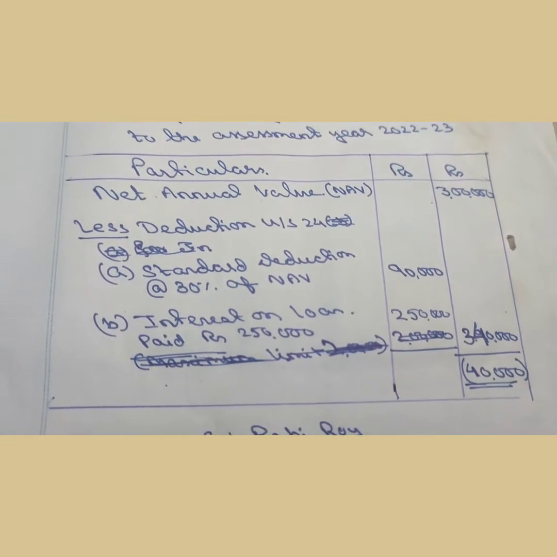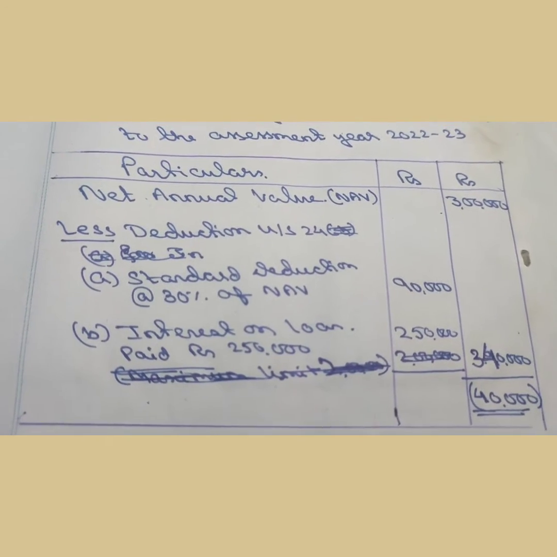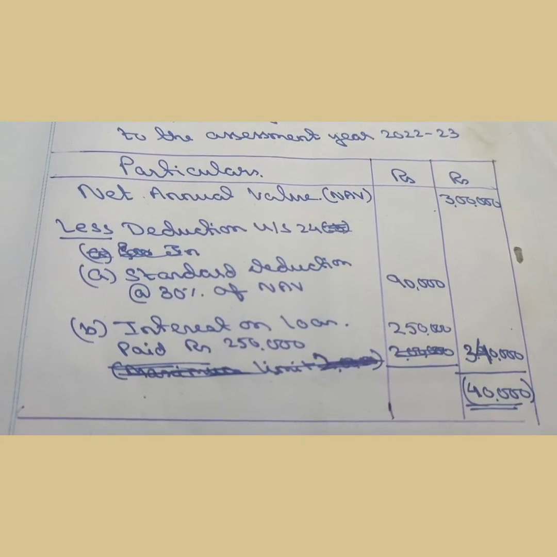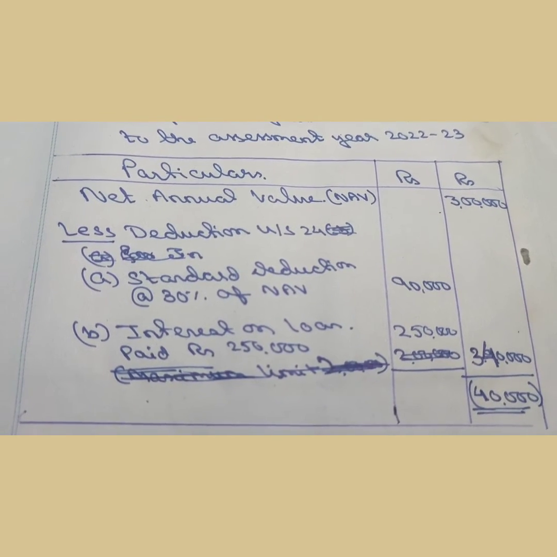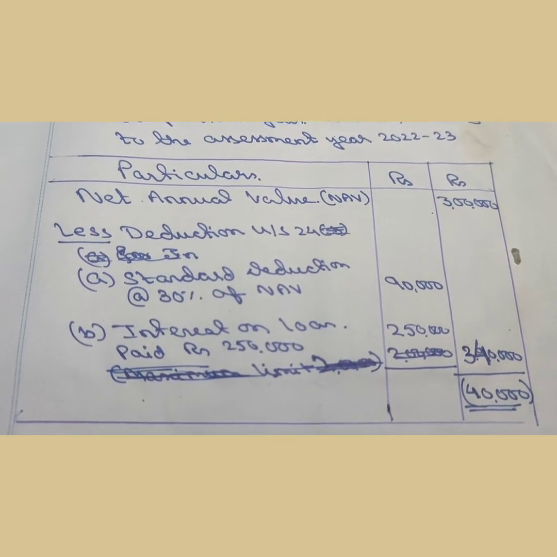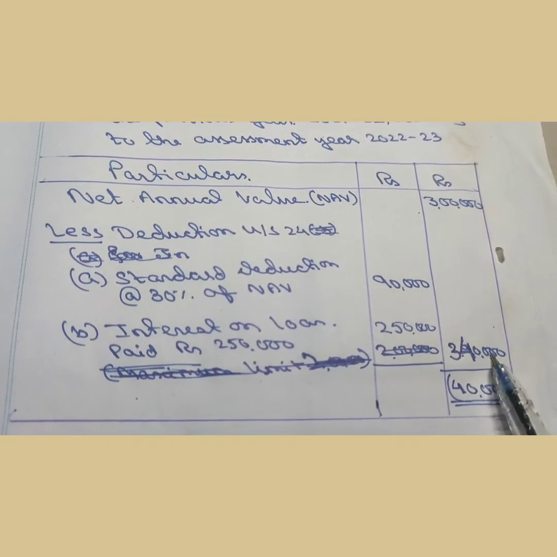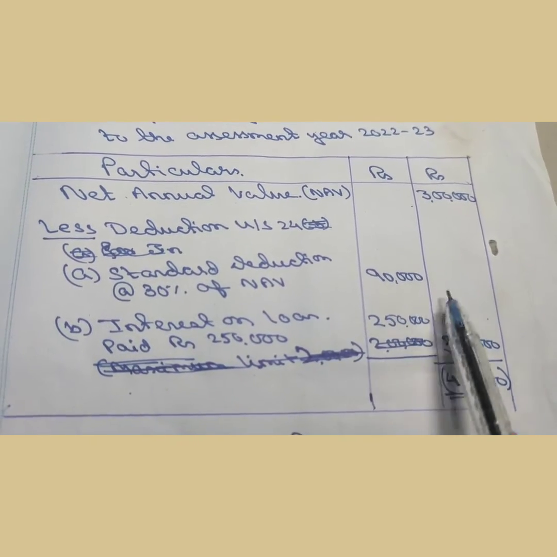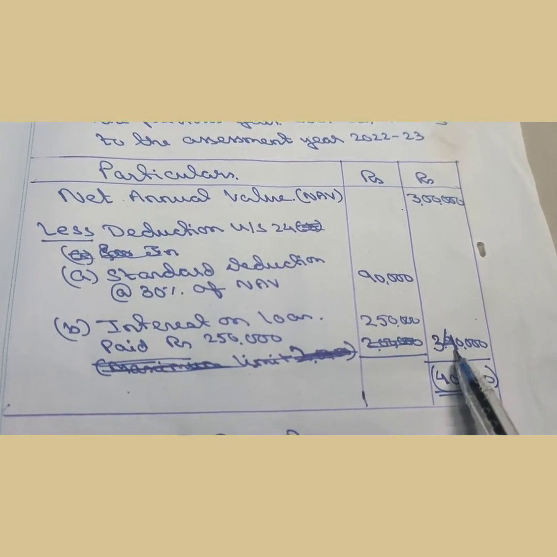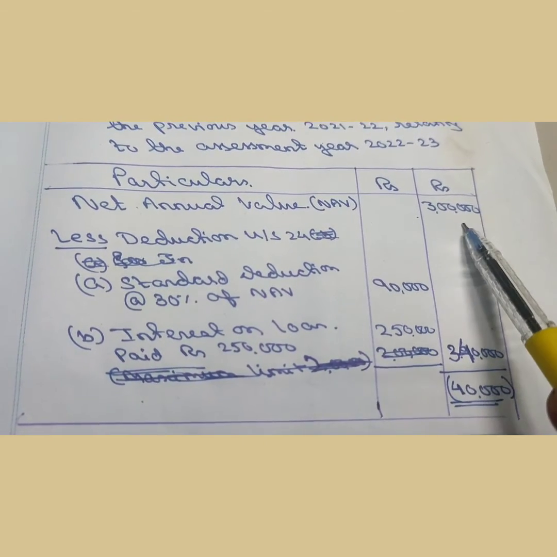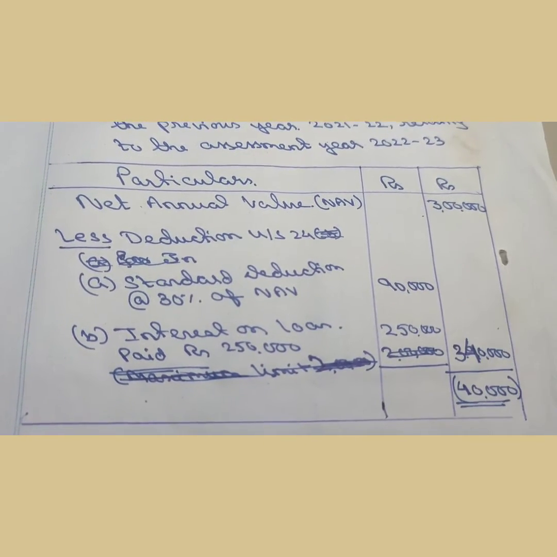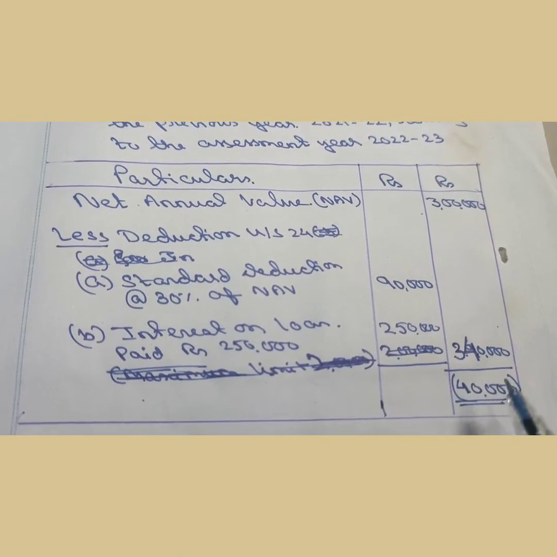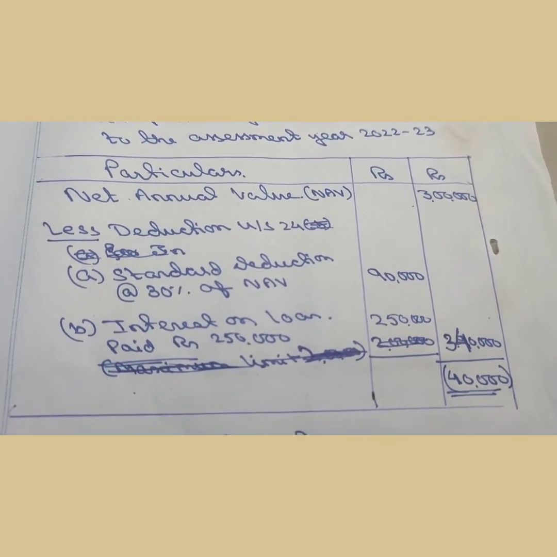One question comes sometimes that when income from a let out house can be negative, in that case your answer should be total deduction available including standard deduction and interest on loan. If the total amount of this deduction exceeds the net annual value, in that case the income from that house may come as negative. Okay.